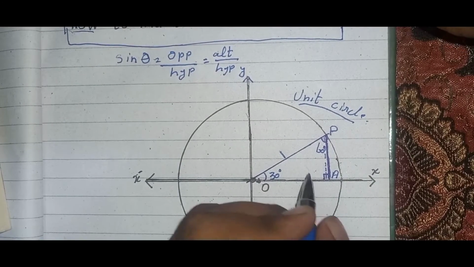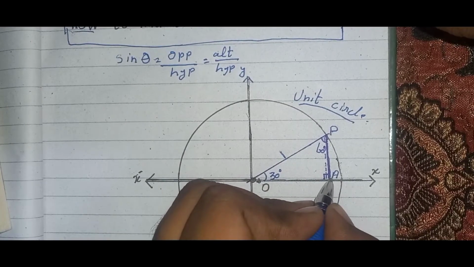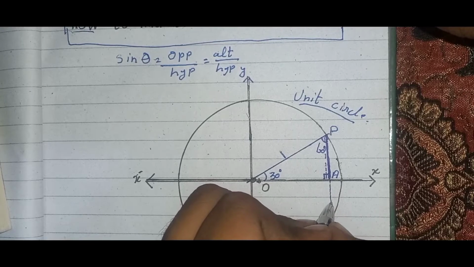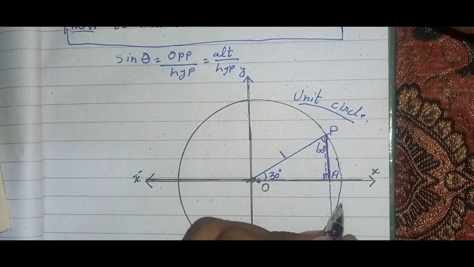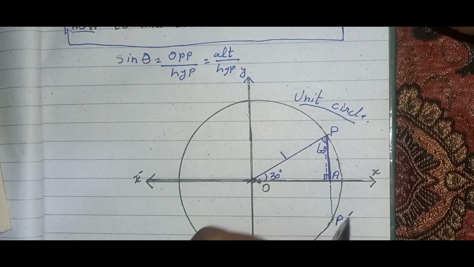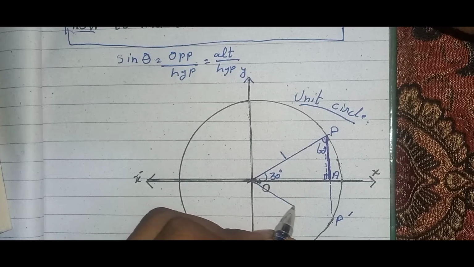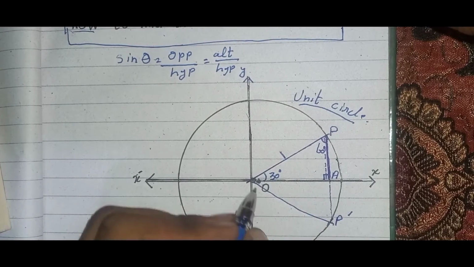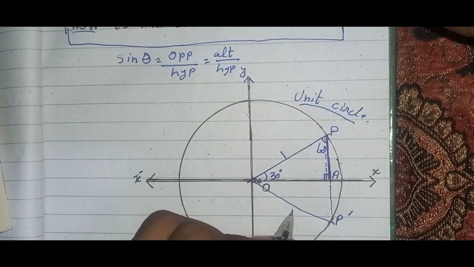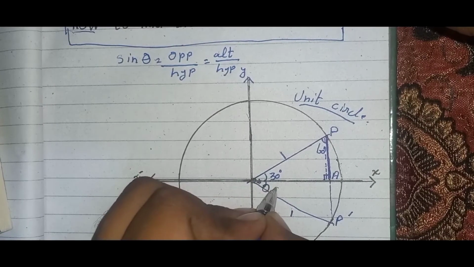For this value we have to draw a further perpendicular downward and it intersects at this point, call it P prime, and this is the same radius whose value is 1 and this is equal to angle 30 degree.